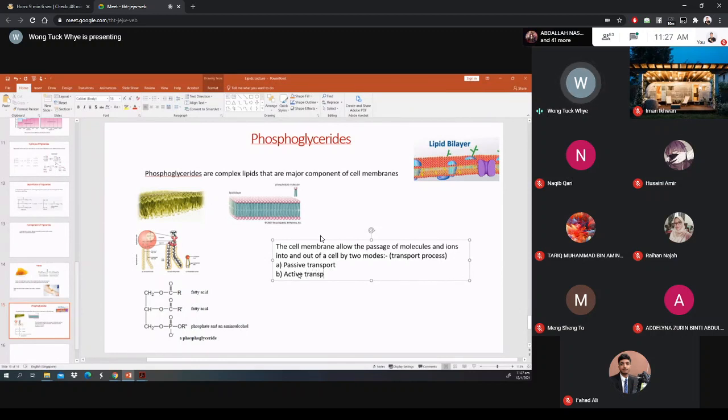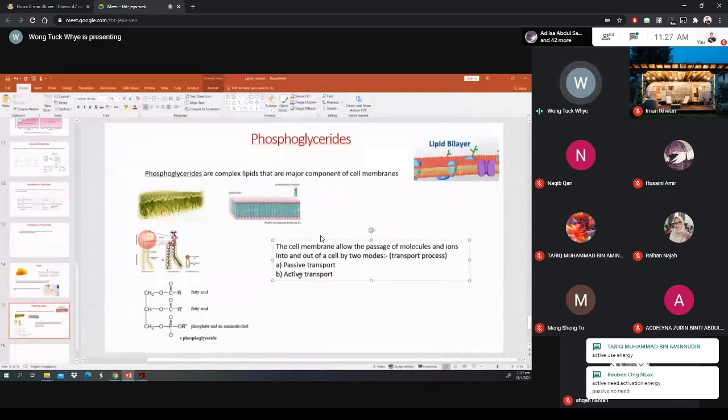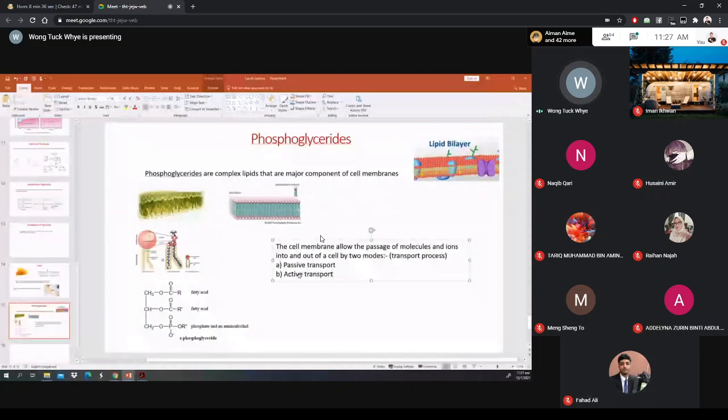So what is the difference between these two? Passive, active. What is meant by passive transport? Anyone? We start from passive. Active needs activation energy, passive no need.